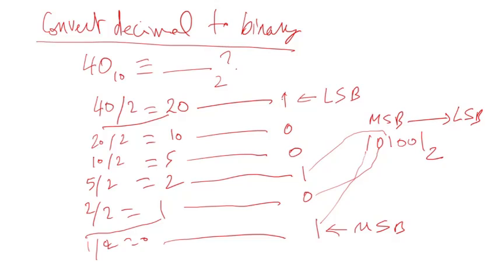Oh, sorry, the first remainder should be 0, because 40 divided by 2 is 20, so the remainder is 0. That means the least significant bit here would be 0. Sorry about that.